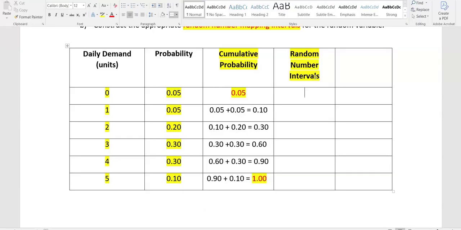Random number intervals start with 0. You say 0 to 0.04. The hyphen means "to." The hyphen means what?